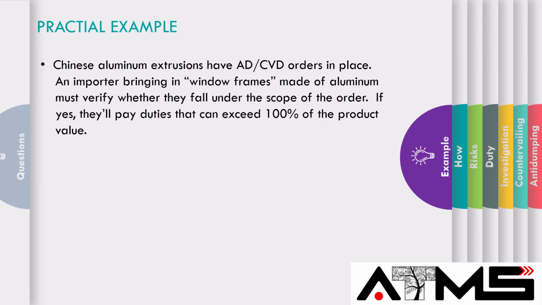Because the window frames were made from those extrusions, the importer was hit with over 100% in additional duties. Since most importers cannot realistically keep track of all AD/CVD orders, I strongly recommend consulting with a broker or a trade attorney before importing such products.